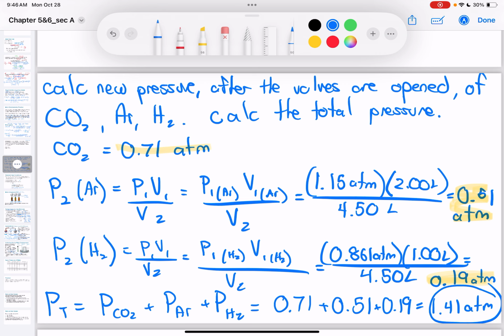So the whole pressure in that container is going to be 1.41 atmospheres coming from CO2 contributing 0.71, argon contributing 0.51, and hydrogen contributing 0.19. So that is a good, relatively complicated application of Dalton's law of partial pressures.